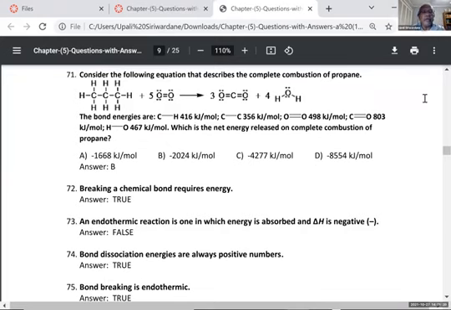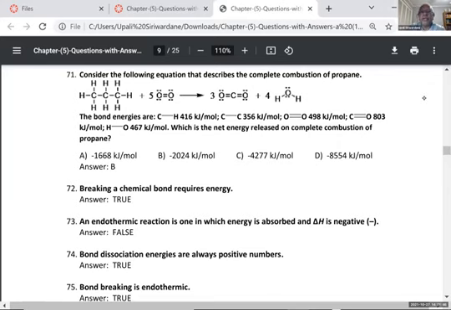Carbon-carbon bonds, 2 of them. So carbon-carbon bond is 356, carbon-hydrogen bond is 416, then you calculate the bonds broken, positive energy.